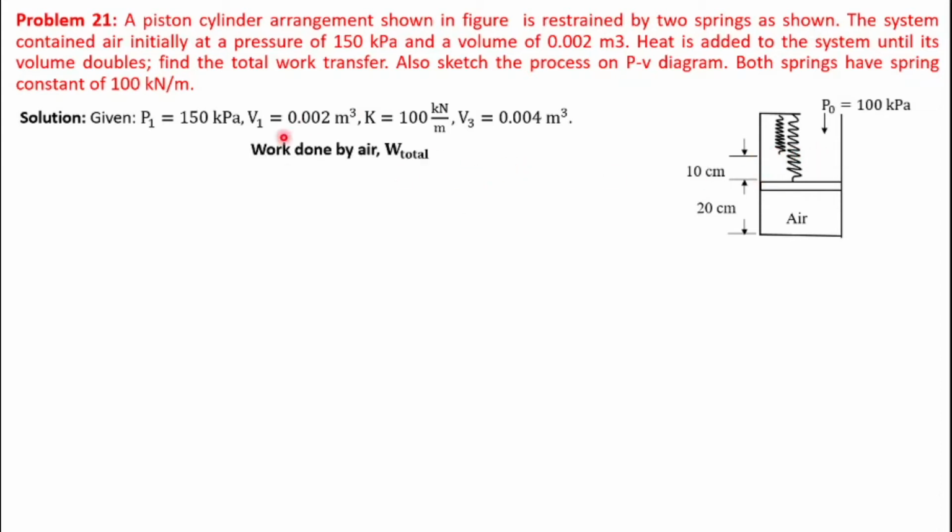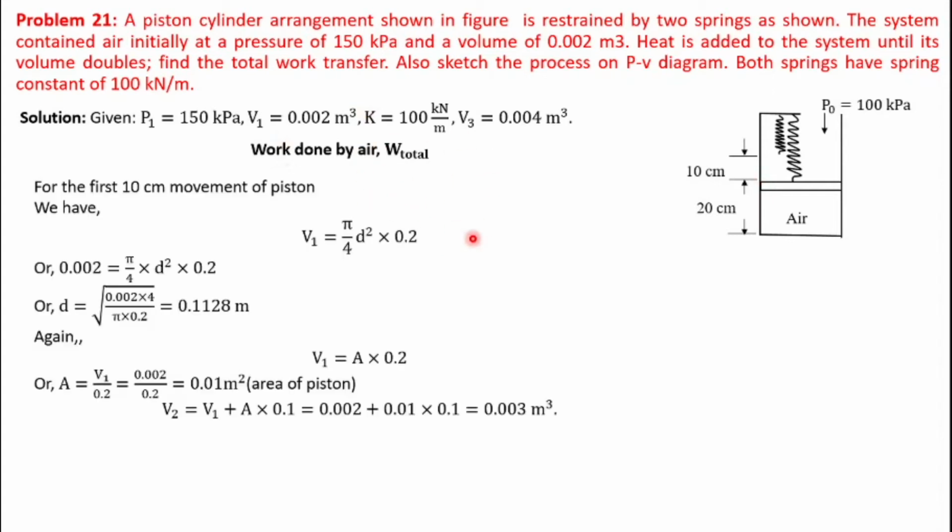Now calculate the work done by the air, the total work. For the first 10 centimeter movement, only one spring acts. So due to only one spring, pressure will be considered, and atmospheric pressure will also be considered.